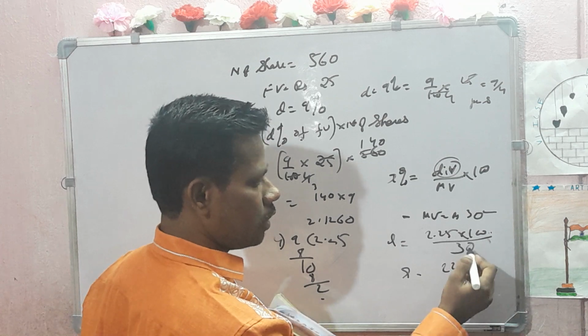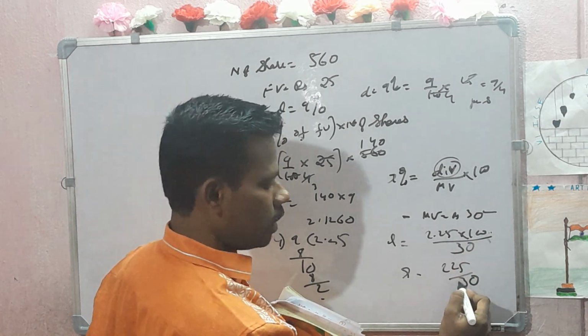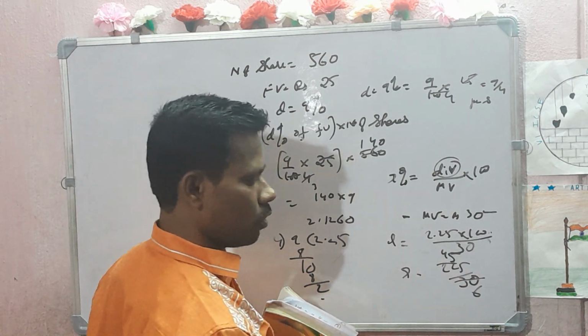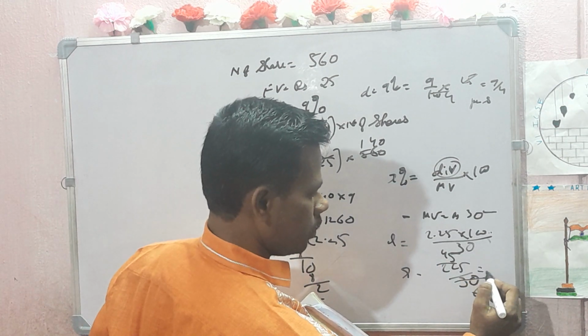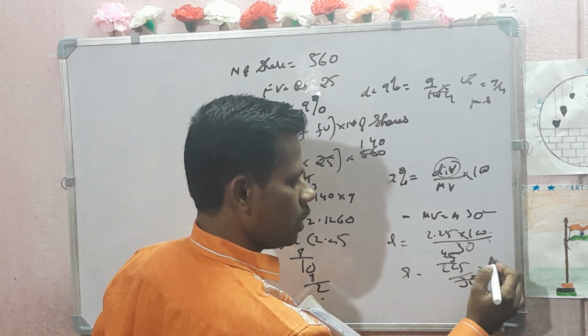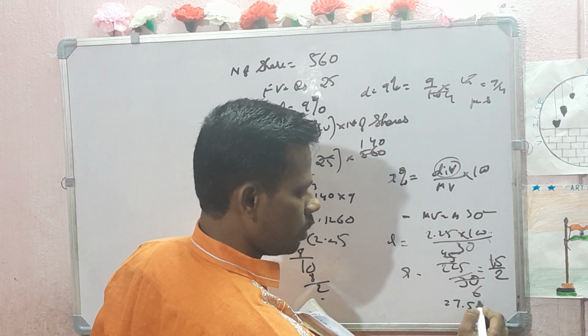Market value is 30, not 3. So 2.25 into 100 gives 225 by 30. 5 6s are 30, 5 4s are 20, 5 5s are 25. 15 by 2 is nothing but 7.5%.